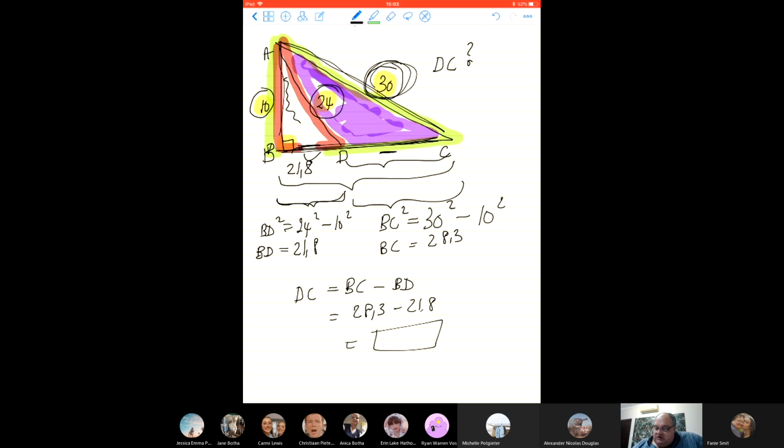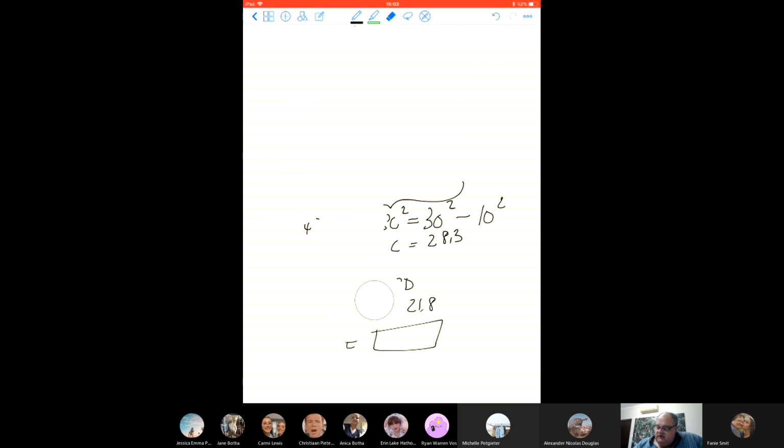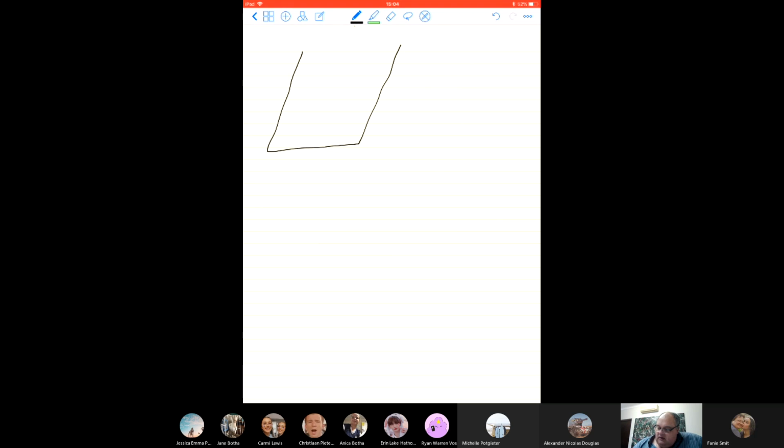One more question that I want to do has to do with Pythagoras. And what I'm going to do here is I'm actually going to use a rhombus. So I'm going to give you this figure, A, B, C, D, and I'm going to give you the following information.